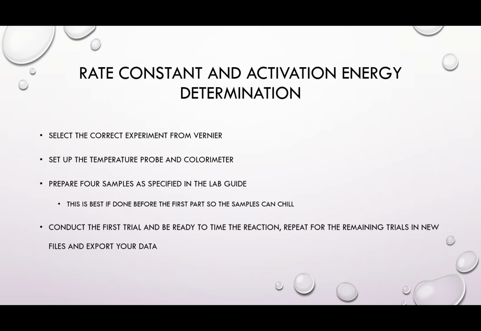I do recommend that someone at the beginning of the experiment, while everybody else is working on the first portion of it, prepares these samples because they do need time to chill to a certain temperature in the refrigerator. Then you're going to conduct the first trial and be ready to time the reaction, and then repeat it for the remaining trials at different temperatures, and then export your data to Excel.